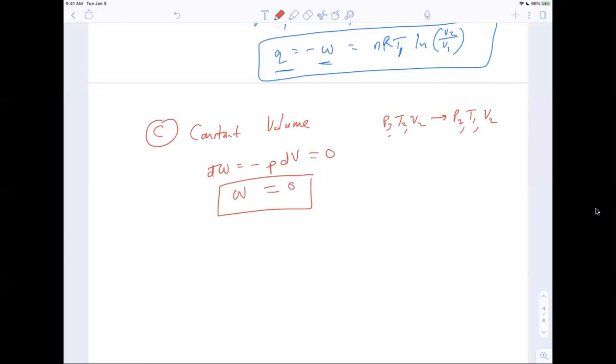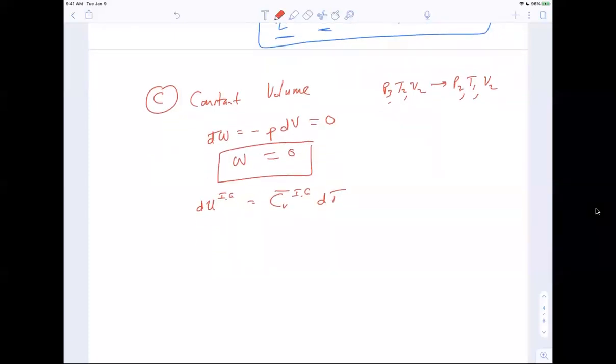This is an ideal gas. So we know that dU for an ideal gas is just CV ideal gas dT. It only depends on temperature, right? This is what we found through the Joule free expansion. CV ideal gas is a constant.